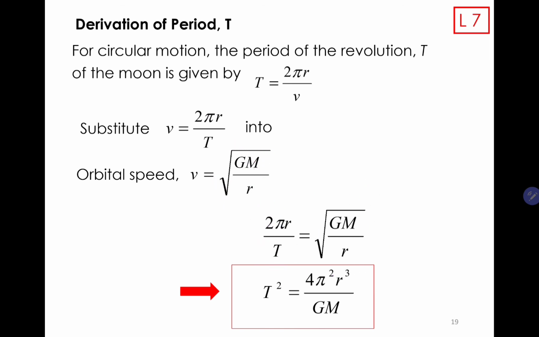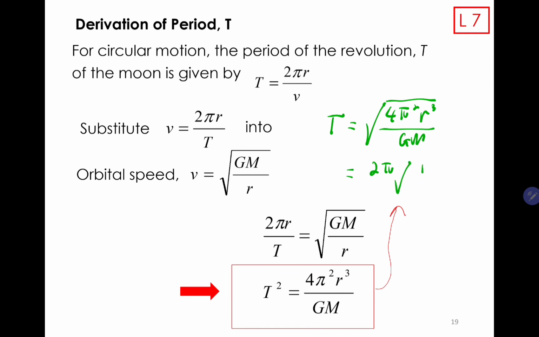By rearranging the equations, you will get the period equation, where the period squared equals 4 pi squared r cubed over GM. So T equals the square root of 4 pi squared r cubed over GM, or 2 pi times the square root of r cubed over GM.